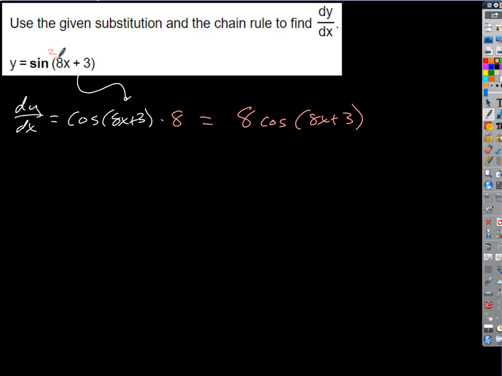Good, 2 times sine of 8x plus 3 to the 1. Then we'd have to start where we did on this one. Now we differentiate inside, and the derivative of sine is cosine. So the only difference would be, in front, we would have an additional 2 times sine of hand, because that would be the first link. Okay?